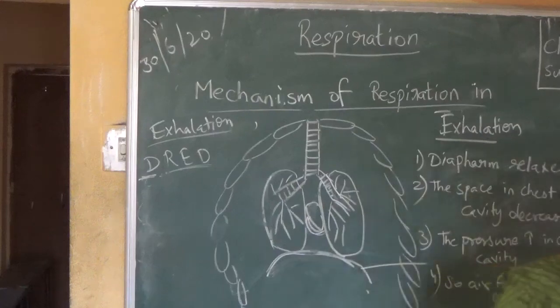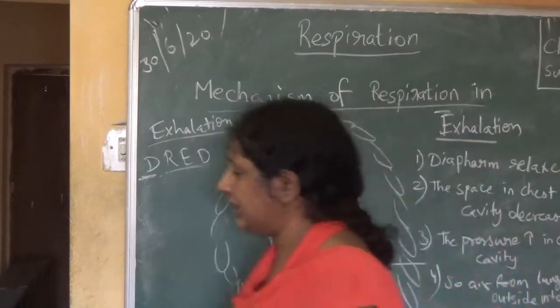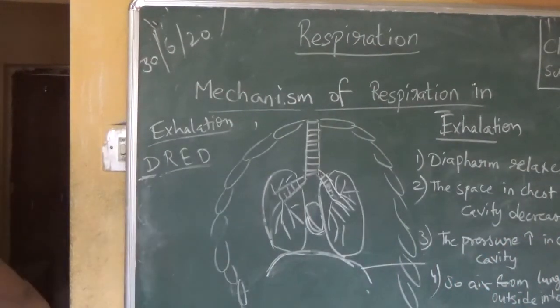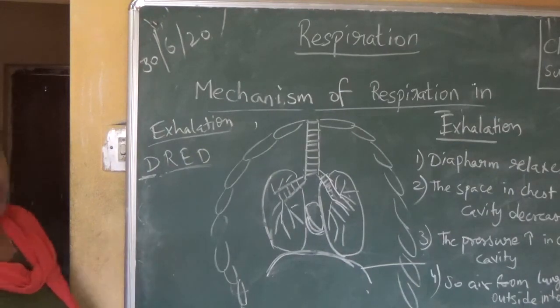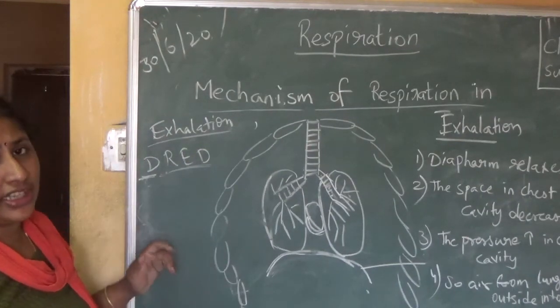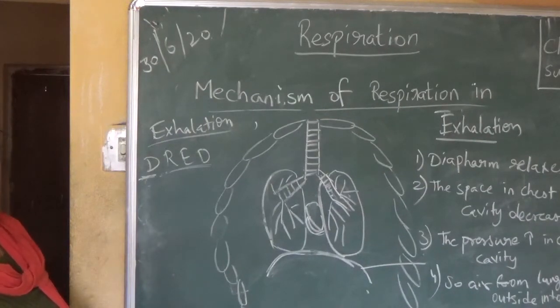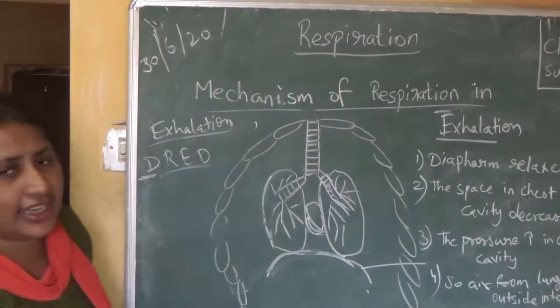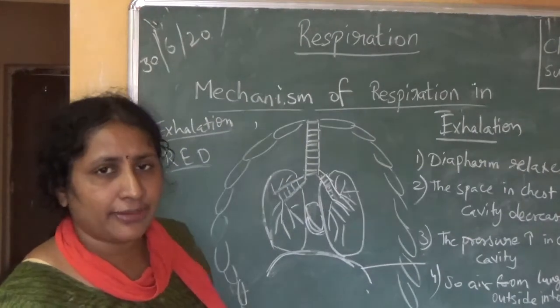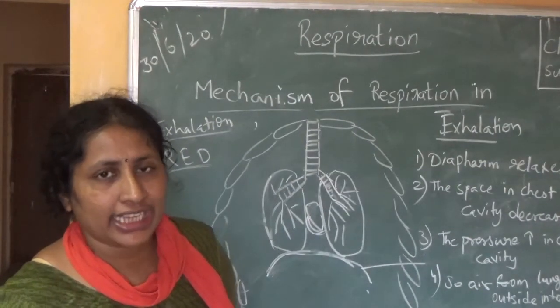Now one more thing. The diaphragm is helping the inhalation and exhalation process. This is a very important question: what is the role of diaphragm in respiration? The diaphragm is helping in inhalation and exhalation.